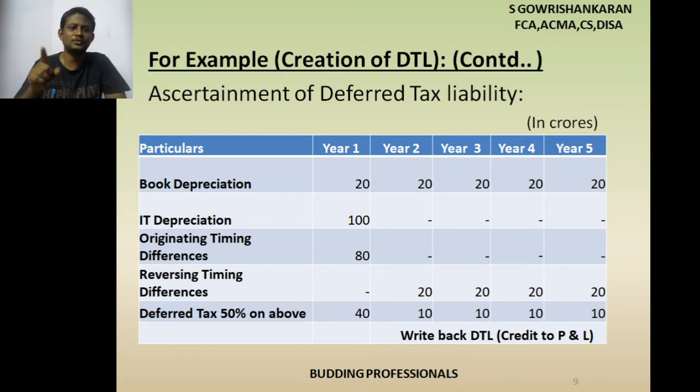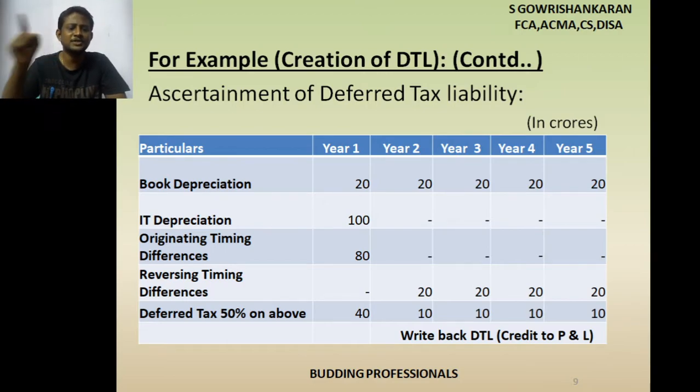Assume there is no timing difference in the IT provisions. My profit will be how much for the first year? 80 crore. How? My profit before depreciation and tax is 100 crore, and my depreciation is 20 crore. 100 minus 20, actually my profit is 80 crore only.